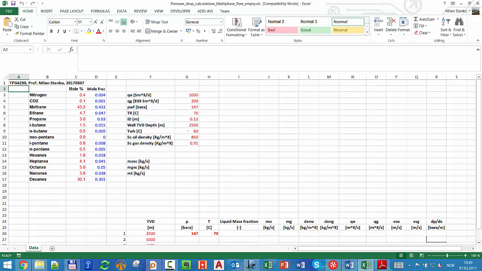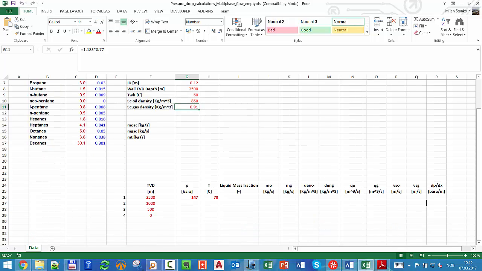The wellhead temperature is 60, so I can perform just a linear interpolation between them. Standard conditions oil density and standard conditions gas density. Okay, and if you see here, I'm doing exactly departing from that point, calculating the superficial velocities, and then I will calculate delta P, and then progress to the next point.